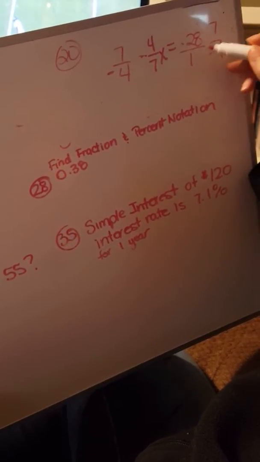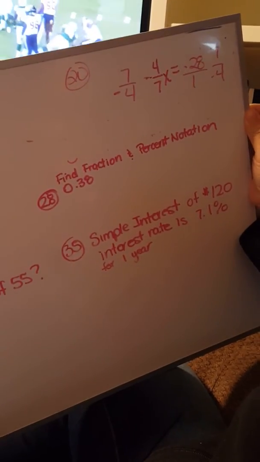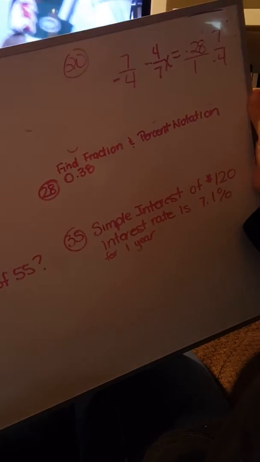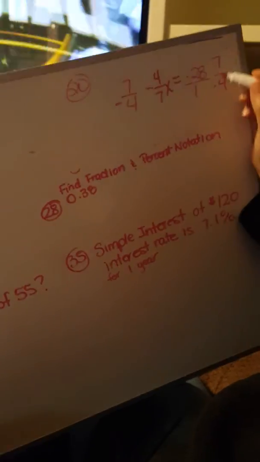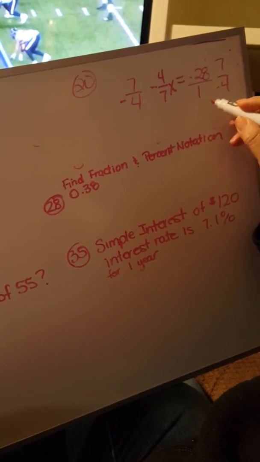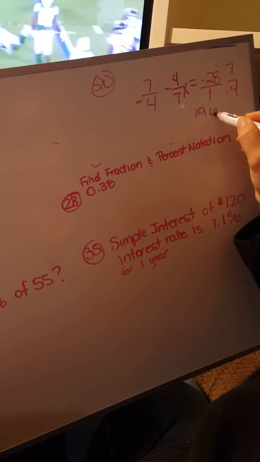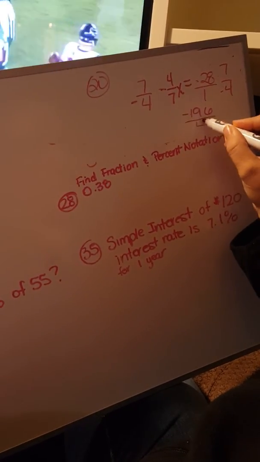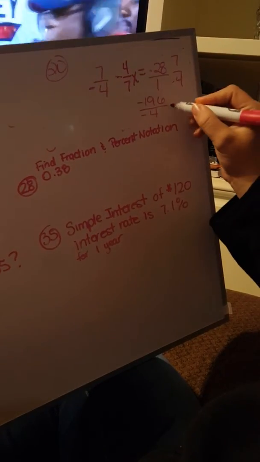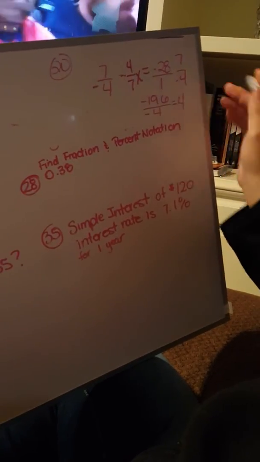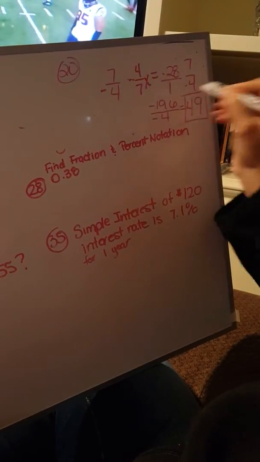So that makes it 28 times 7 times 4, we do 196. So we times that across, making it 196 over -4, which if you divide that into that should give you a positive 49.